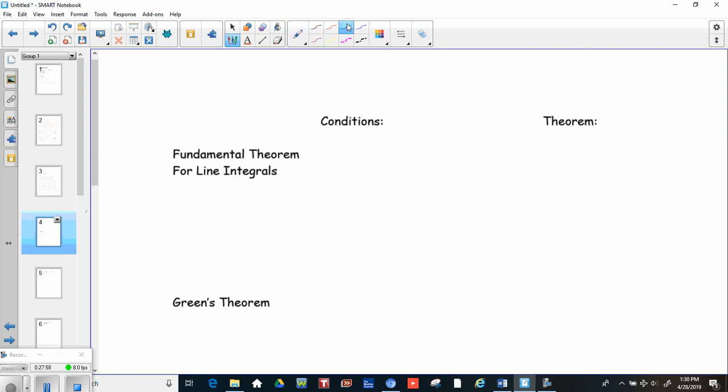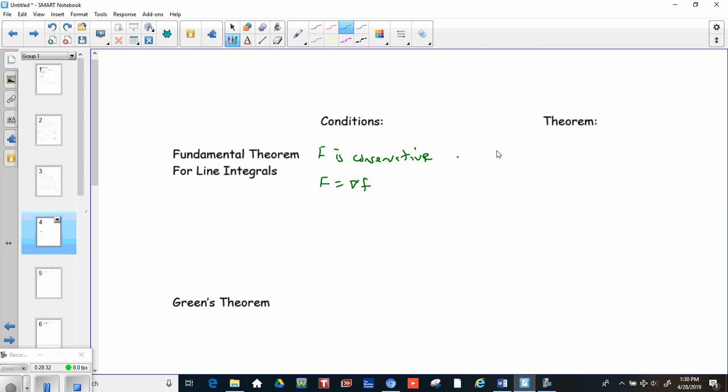So the conditions for fundamental theorem of line integrals: F is conservative, which means that F can be written as the gradient of little f. And again, two different ways you can find that. We did list those on the other page.